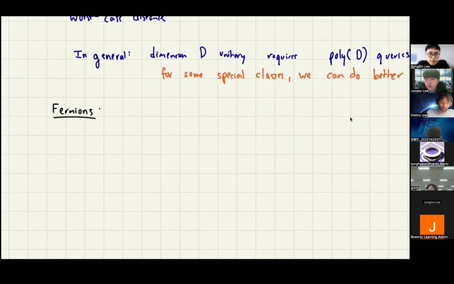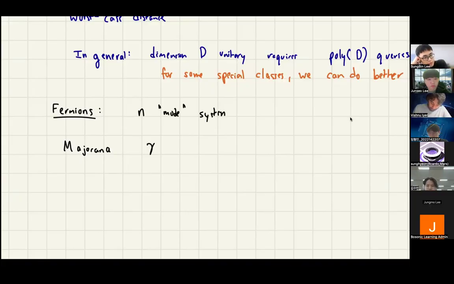So fermions, recall that fermions are built on these Majorana operators. I think Antonio gave a lecture on learning fermionic states. Same thing applies for unitaries. So for Majorana operators, let's say you have an n mode system. What is an n mode system?